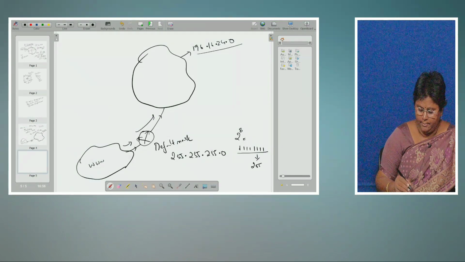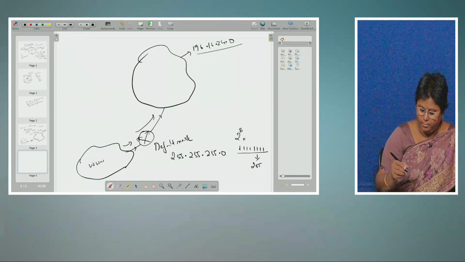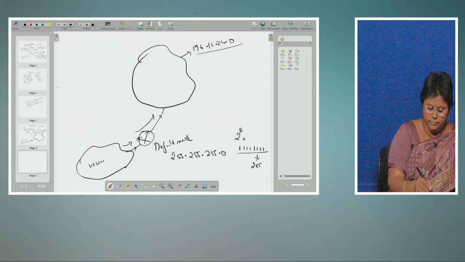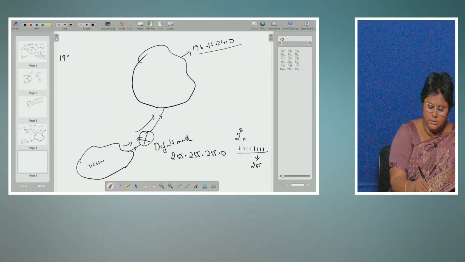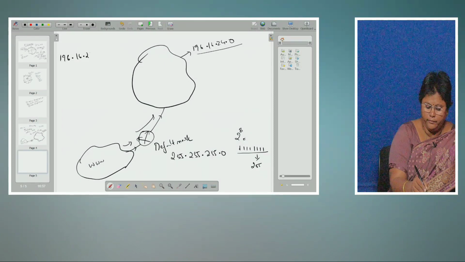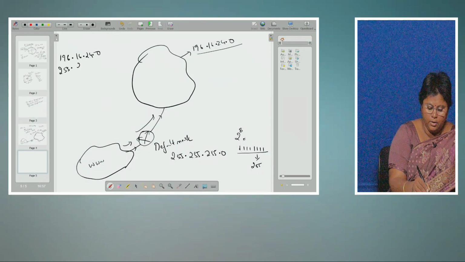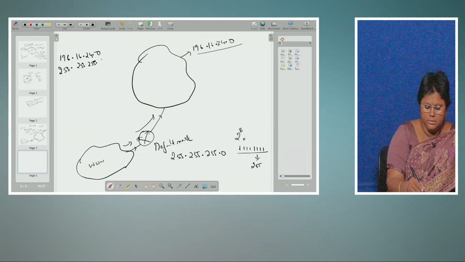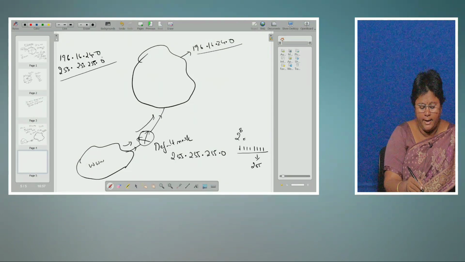So now what will happen? The router will perform an operation with 196.16.24.0 and 255.255.255.0.